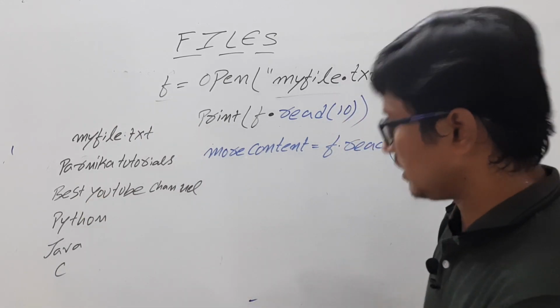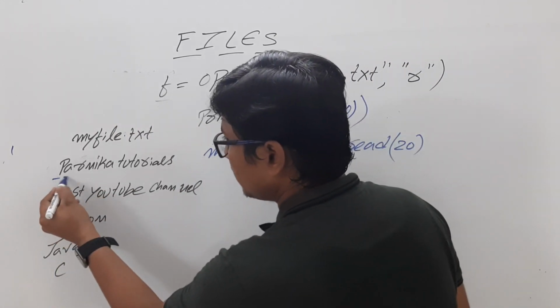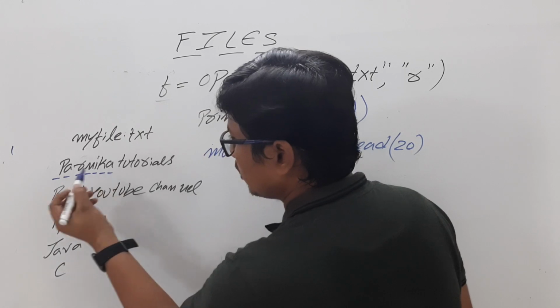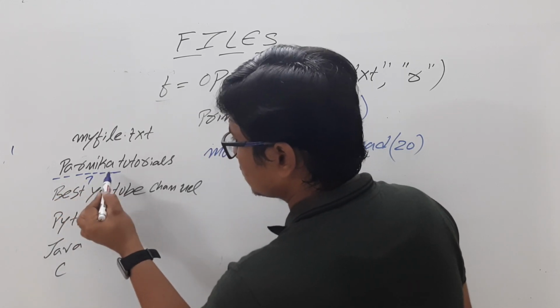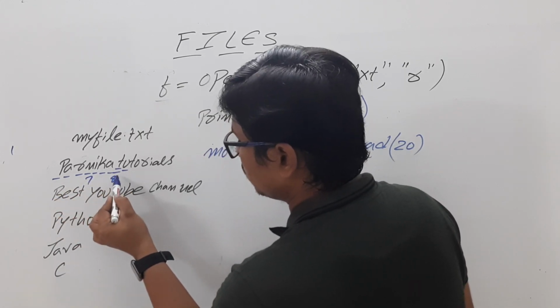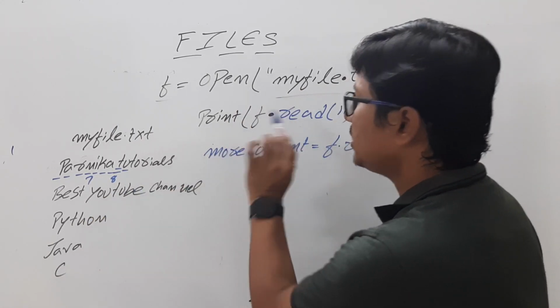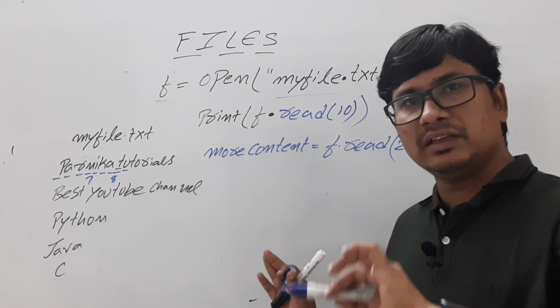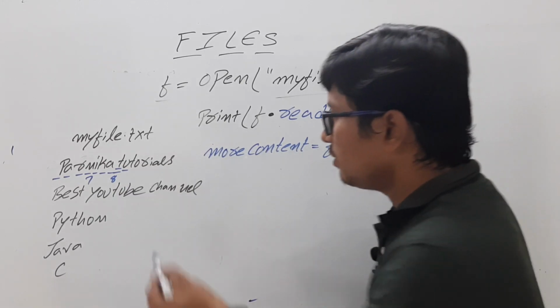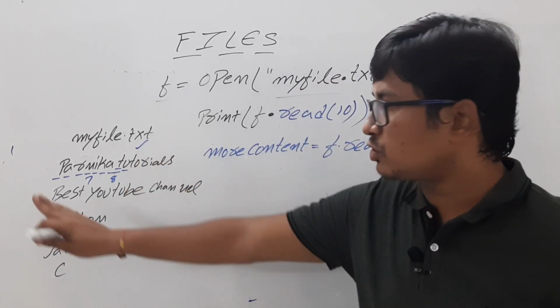Suppose the first 10 characters means Parnika, how many is it? 7. Then space is 8. TUTO. So up to Parnika space TU it will be displayed. Then you want to get the next 20. Then it will start from here, not from the starting.